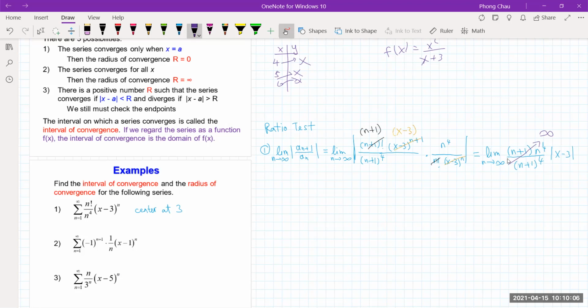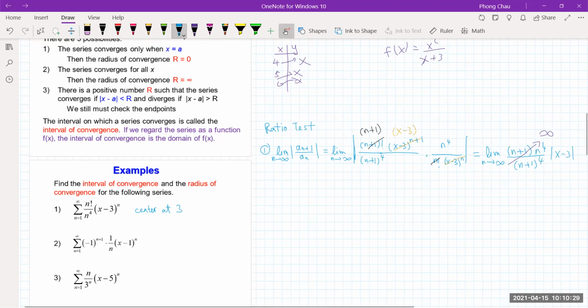Well, n approaches infinity, that means getting larger and larger. So your limit will always blow up to infinity, except, so be careful, it's not always infinity, because if x is 3, then you get 0, and 0 times anything is going to be 0.